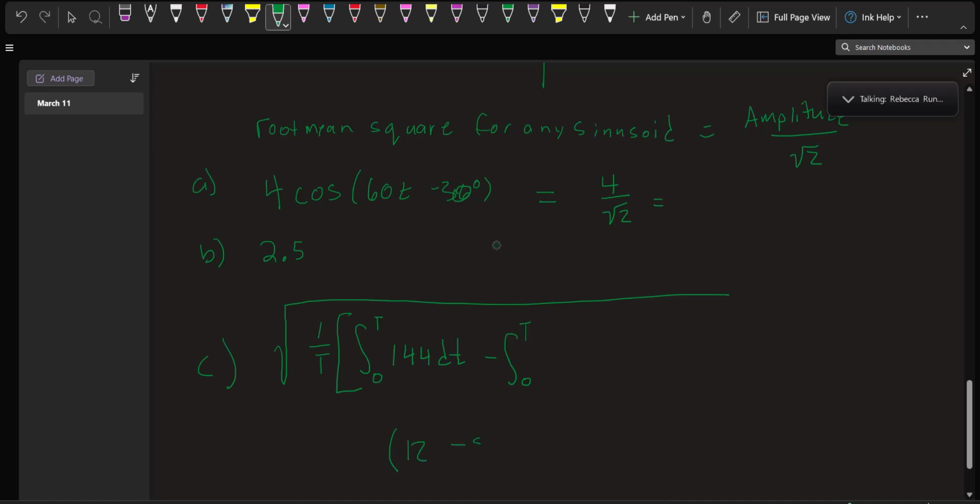Sorry, I should have done this first. 12 minus sine 2t plus 45. I'm actually not going to, I'm much, much too lazy. I'm not going to do all that.